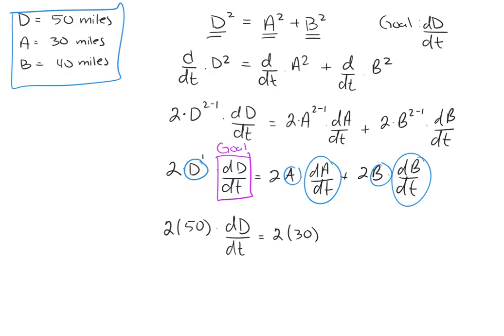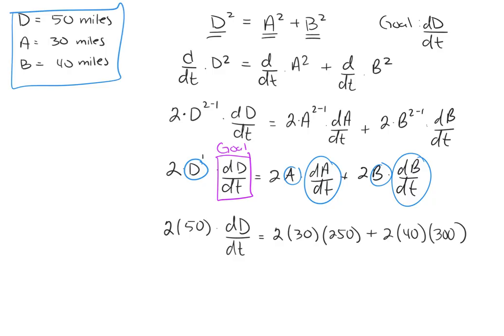And then the rate at which airplane A is flying, what was its speed? I already forgot. It was flying at 250 miles per hour, okay, plus 2 times B. So B was 40 miles from the airport, flying at a speed of 300 miles per hour.